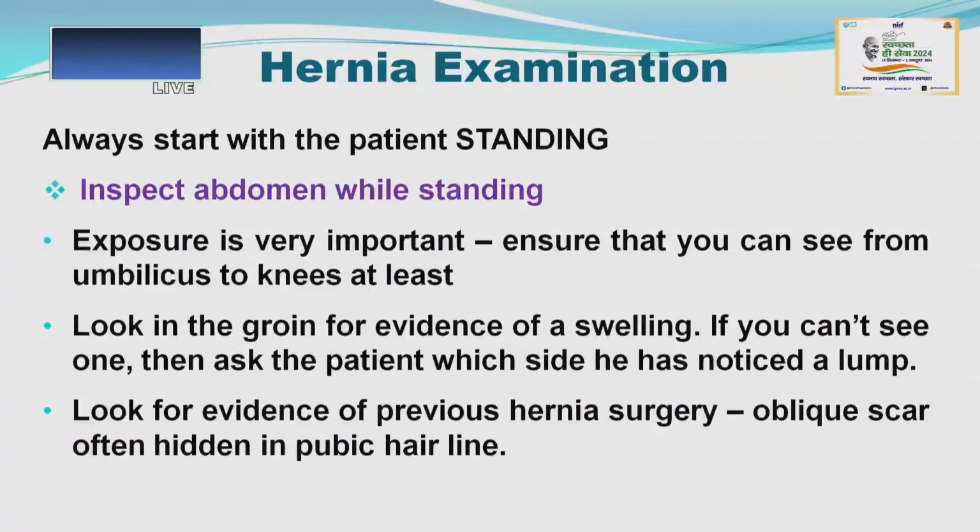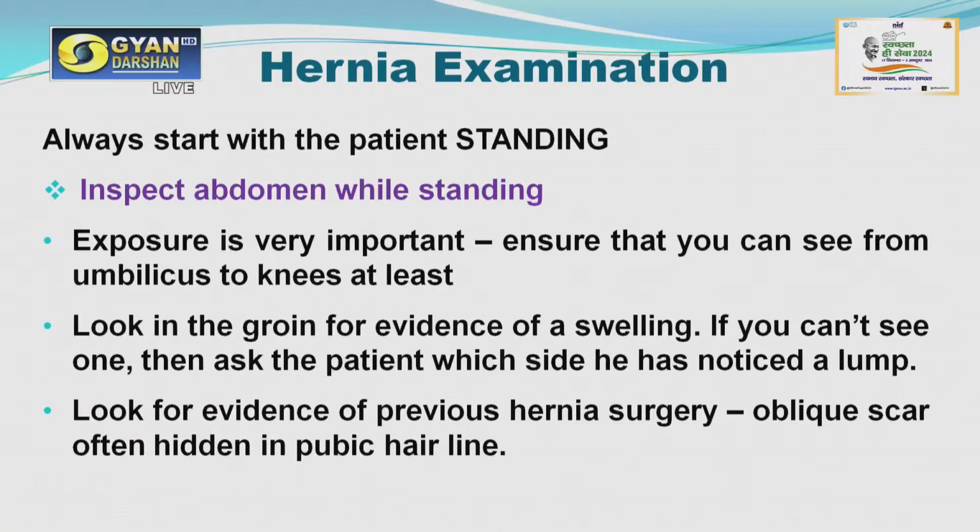When you are doing the examination, as I told in the previous session, your method of examination will remain inspection and palpation. The same you have to do in the case of abdominal hernia also.